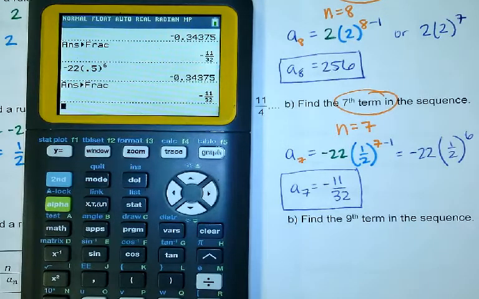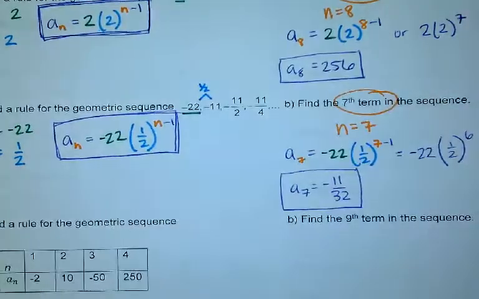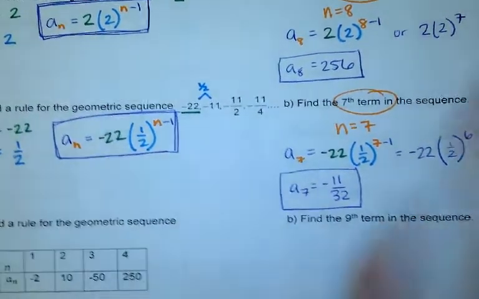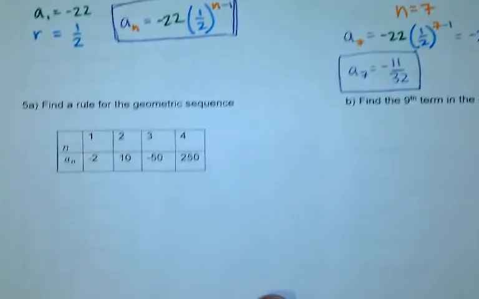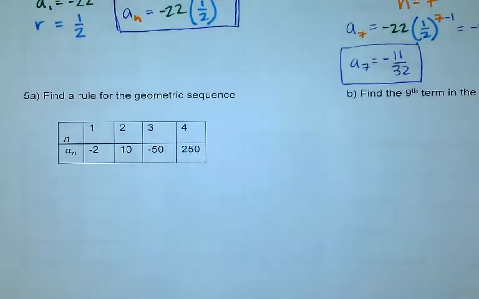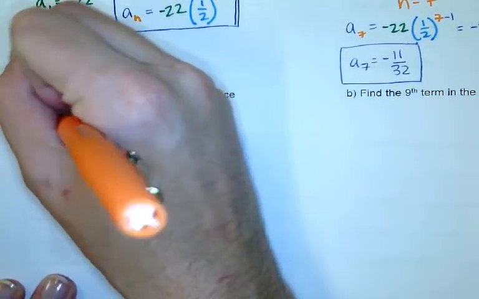All right, last one here, and then we're going to be all done. Let's find the rule for this geometric sequence below. Okay, guys, so my rule, remember, these guys on top are the term numbers, all right? Everything up here are the term numbers.